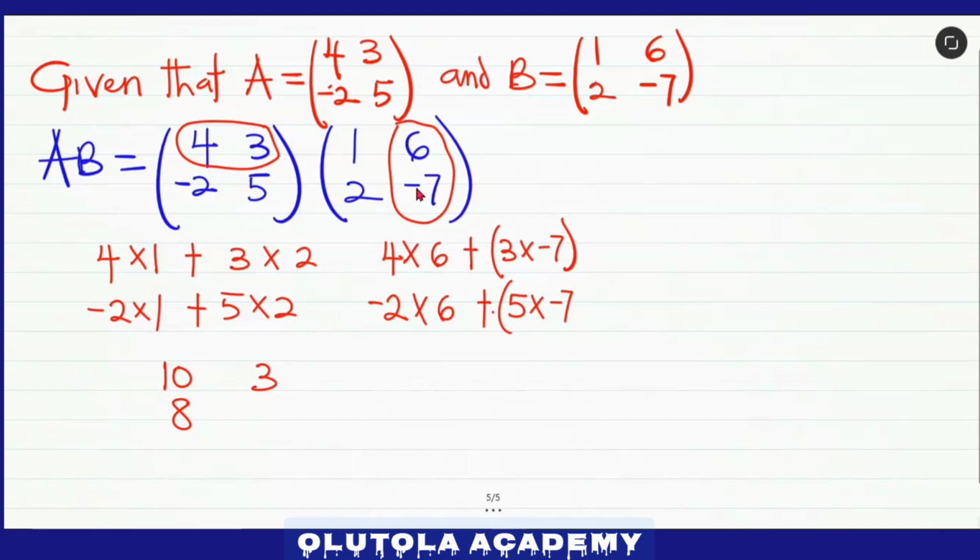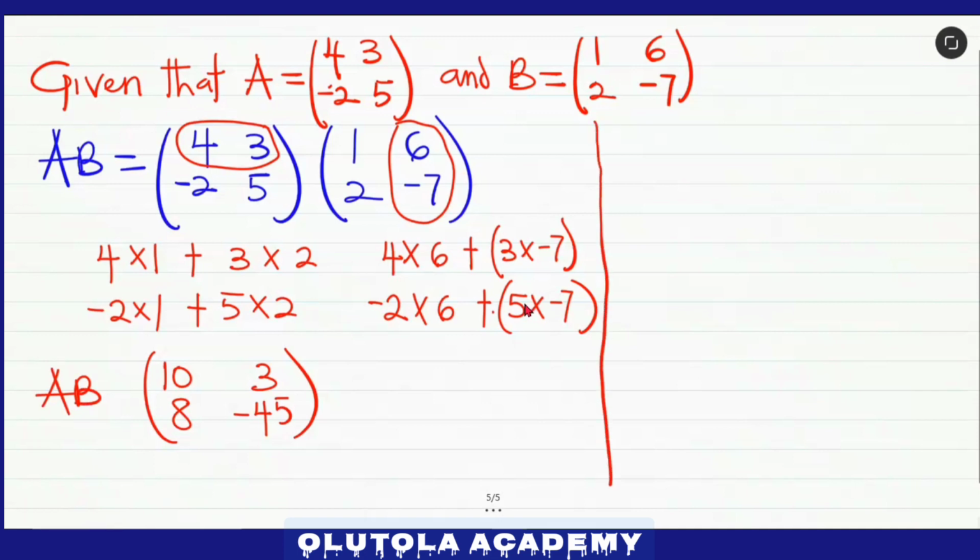That will give us -12 plus -35, and that will give us negative 45. So that's AB.